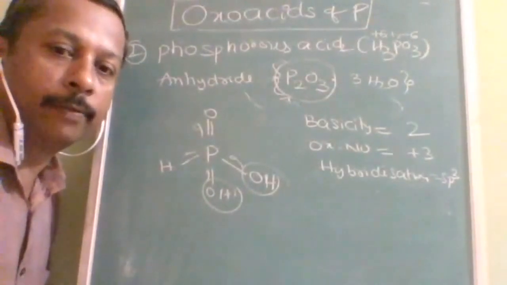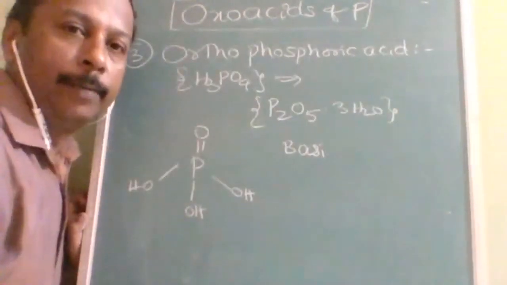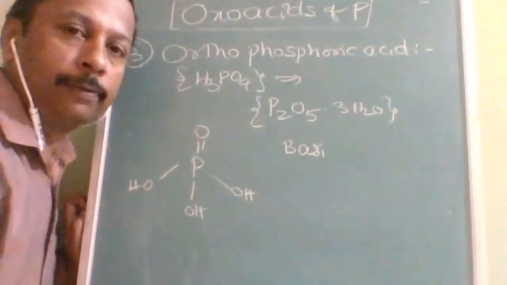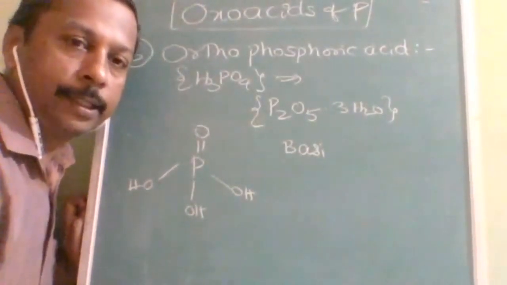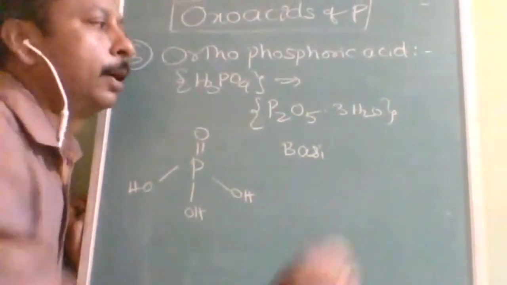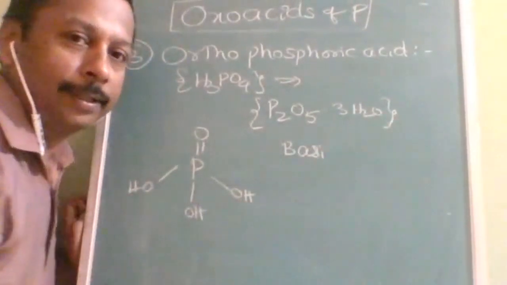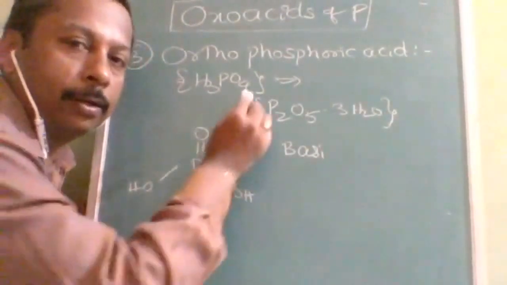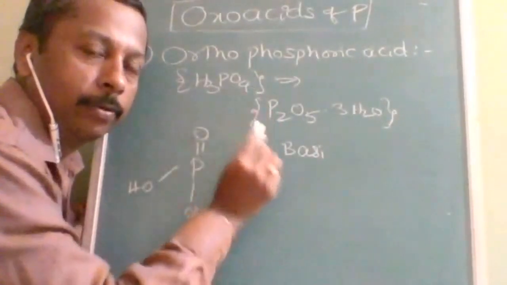Okay, ready for next? Coming to the third and most important, orthophosphoric acid. Phosphoric acid and orthophosphoric acid are extensively available and extensively used. Therefore, questions on this one are very rare, because everybody can answer, so they will not ask. Orthophosphoric acid is H3PO4.